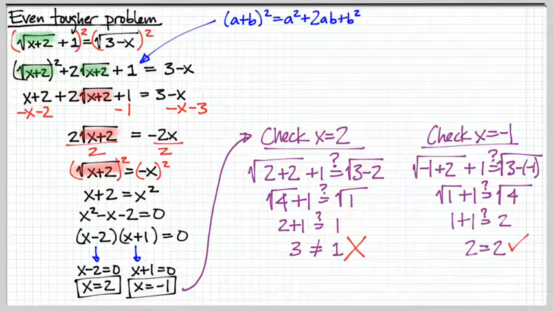We plug in -1, we plug it again into the very original problem, and we check this one out. We find that in this case it does check out. 2 is equal to 2, so we have one solution. X is equal to -1 is the single solution to this original equation.